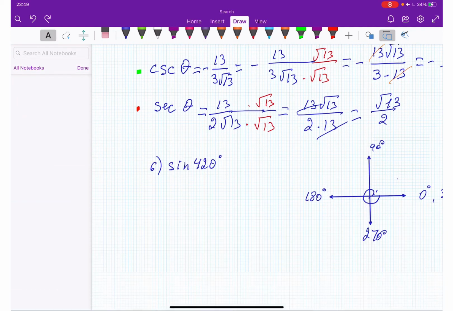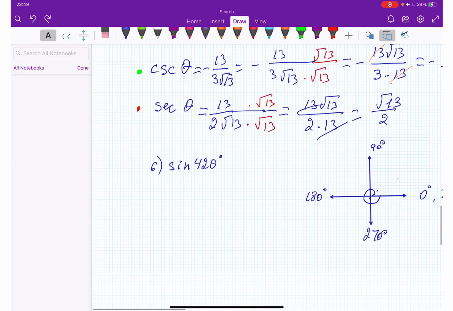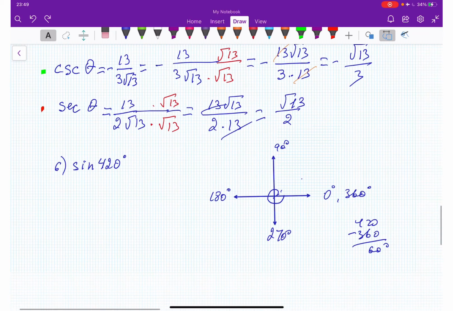So it's going to go a little bit higher. Right here. And it will come here.